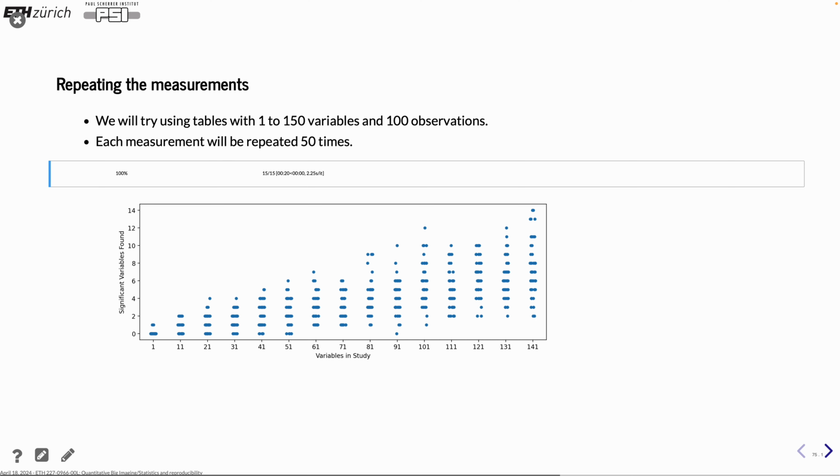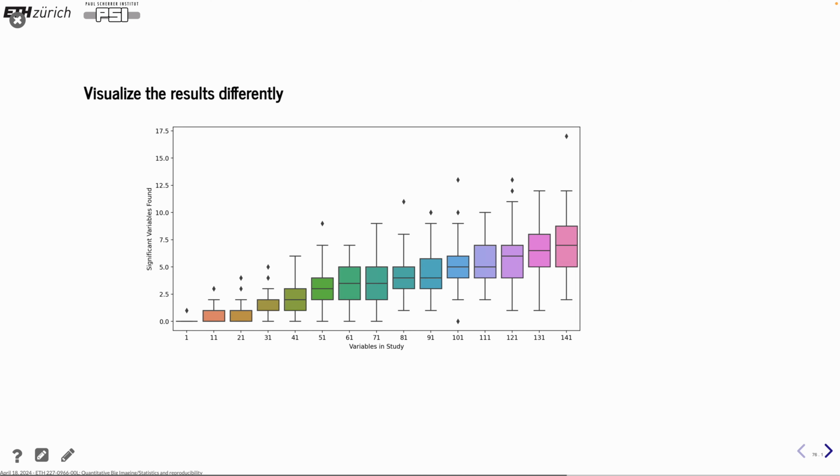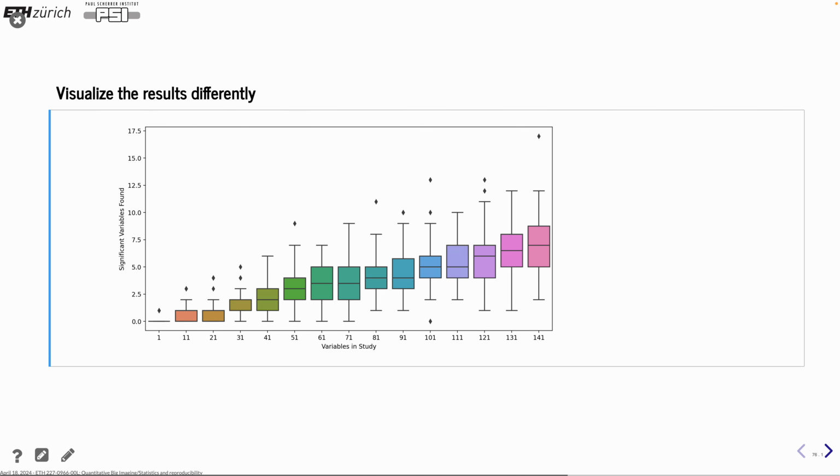The plot shows that for one variable, we find only a few significant values. If you go up to 11 variables, then we have more, and you see there is more or less a linear trend going up with some spread. That can also be seen in this different plot, where we use a box plot instead with some outlier markings, and the box showing the median value and the standard deviation.